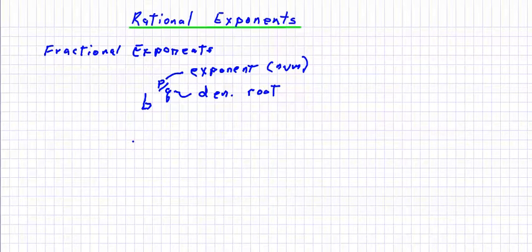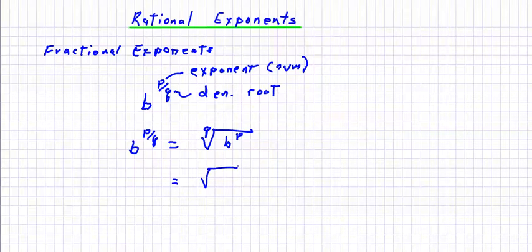So b raised to the p over q power is the same as a radical with b inside of the qth root taken to the p power, or more commonly written as a radical of b, taking the qth root of it and raising it to the p power this way.